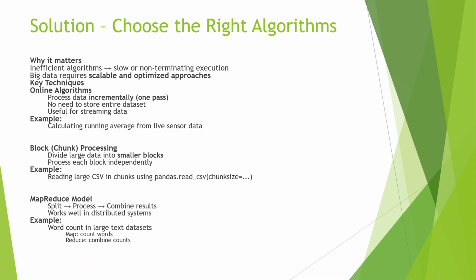Additionally, the MapReduce model provides a powerful framework for distributed data processing by dividing the task into three stages: splitting the data, processing it in parallel, and then combining the results. A common example is counting word frequencies in large text datasets, where the map phase counts words locally and the reduce phase aggregates the counts to produce the final results.